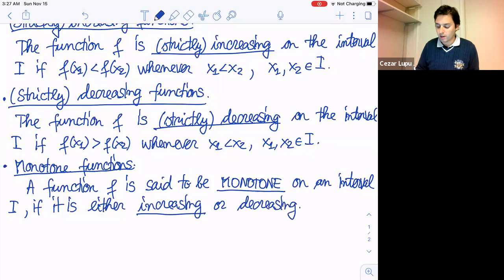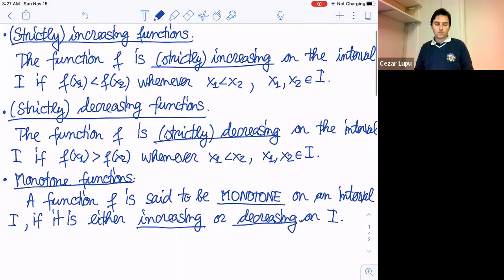Of course, I mean strictly increasing or strictly decreasing on the entire interval I. So that's what you need to know.